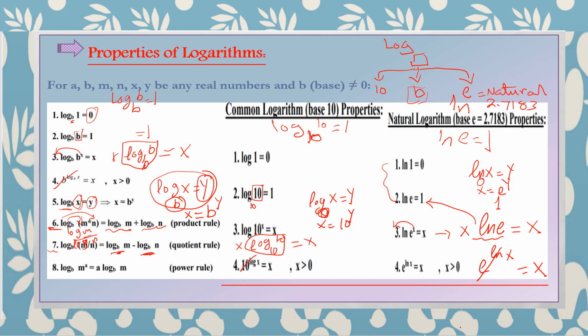For any base, b or 10 or e, this rule is fixed for any type of base. Again, when I say log of m power n, this means that the exponent comes before the logarithm, n times log m. So these are the main properties or rules for logarithms. Let's have some examples to clarify these properties.